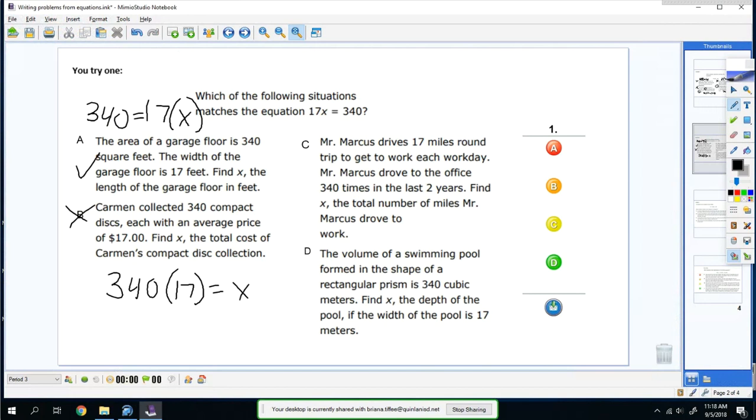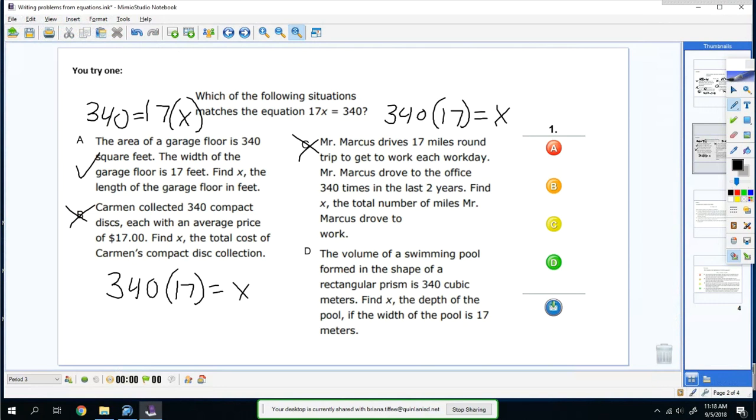C, Marcus drives 17 miles round trip to get to work each day. Marcus drove to the office 340 times in the last 2 years. Find the total number of miles he drove. Well, this is the same scenario. He did it 340 times, and each time is 17 miles. So you multiply together, and that'll give you X. That's not correct. Last one.